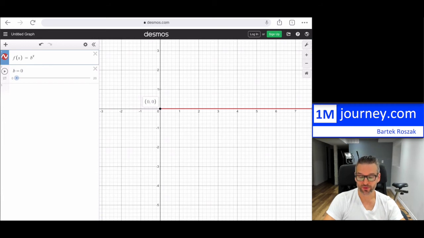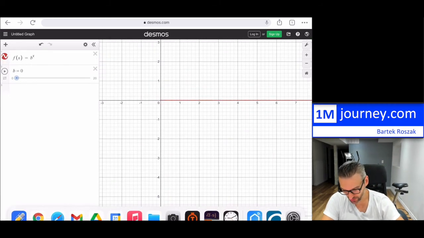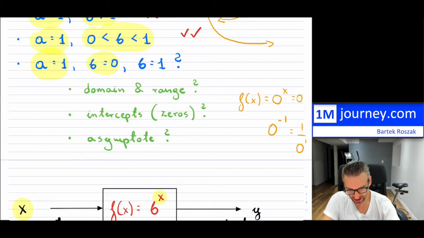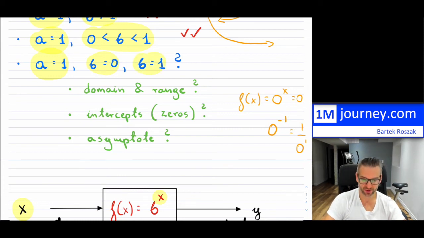Now, what about the case when b is equal to 1? Again, it's not super interesting, but we should know what that means. What this would say is that you have a function f of x equal to 1 to the x. Well, in this case, it doesn't matter, because for any x, 1 raised to some exponent is always going to equal 1.